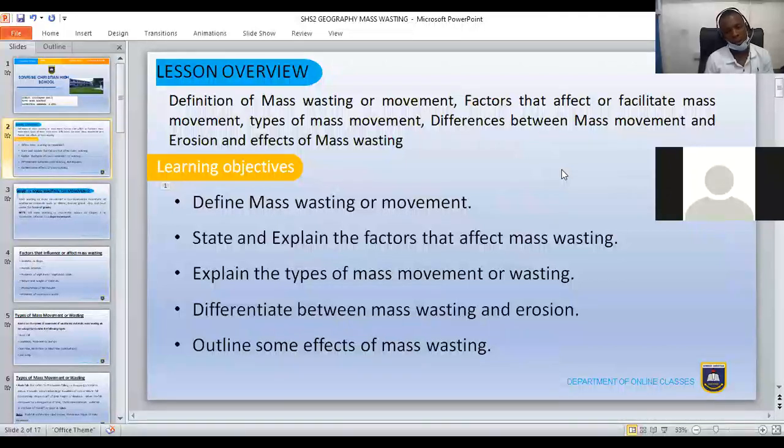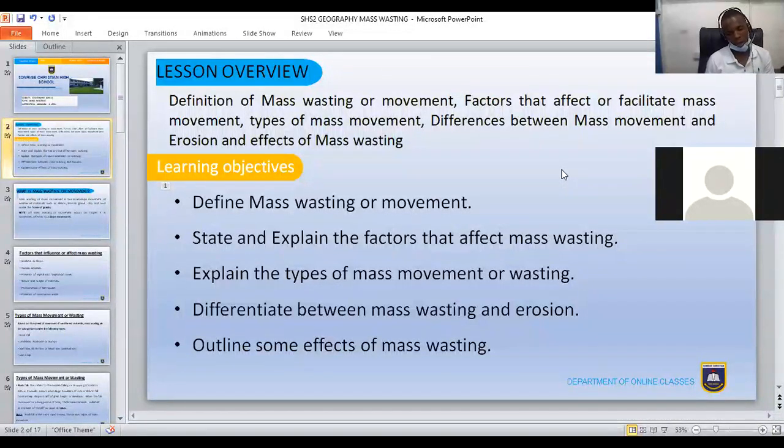Then we'll look at factors that affect mass movement. Then we'll also look at types of mass movement. Then we'll see whether we can differentiate between mass movement and erosion. And finally, we shall also be looking at the effects of mass wasting.